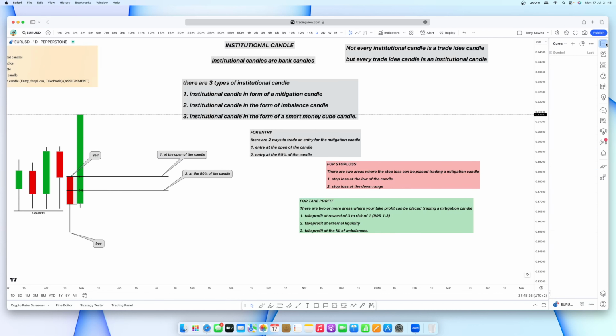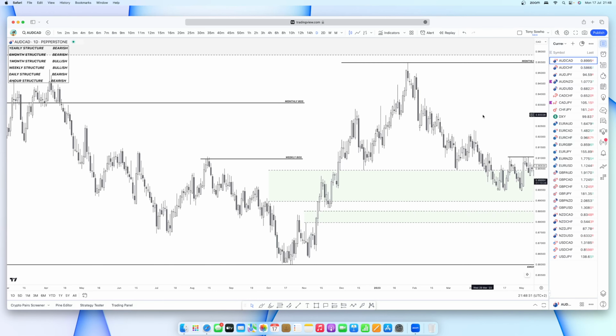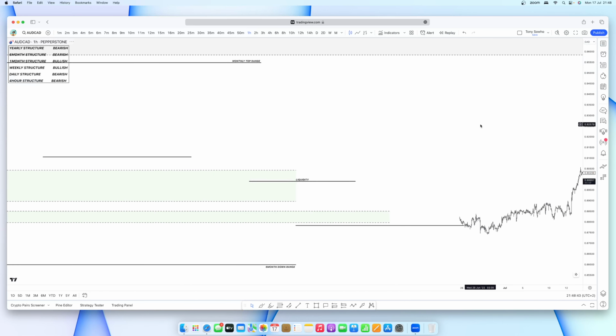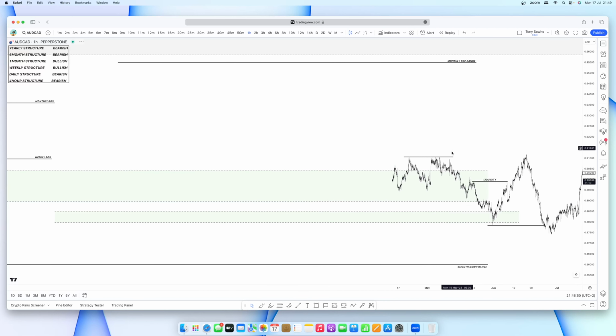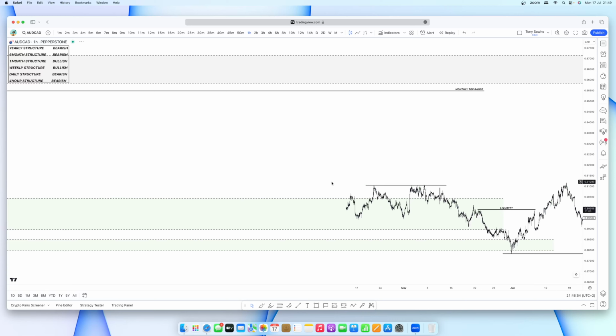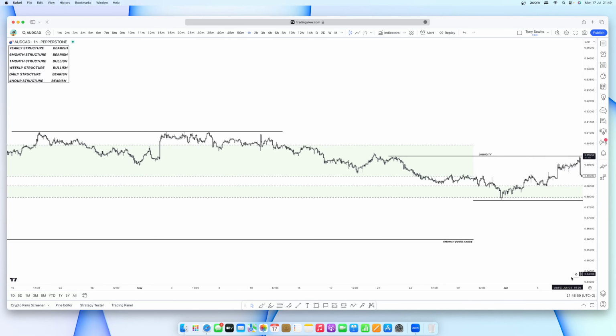Let's head over to AUD card on the 1 hour time frame. It's on May 11th. I've already searched for it, so I can just show you. So this is May, and then let's go to May 11th.